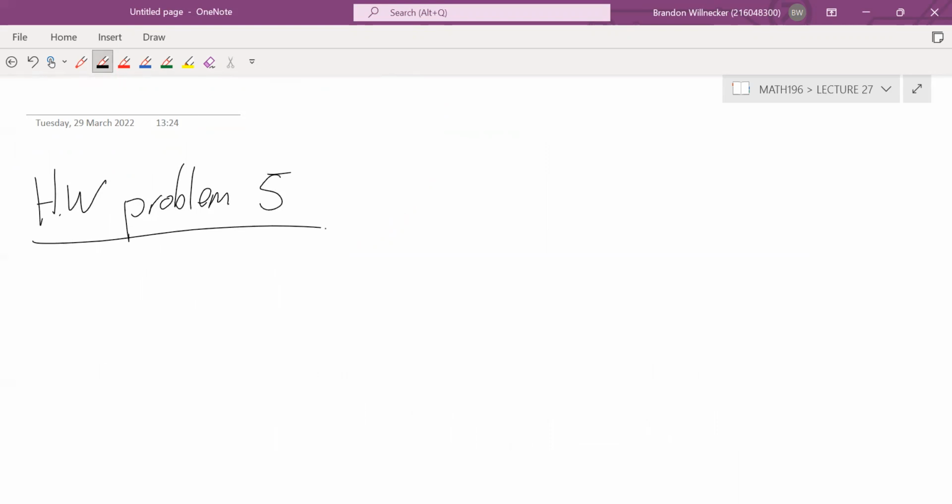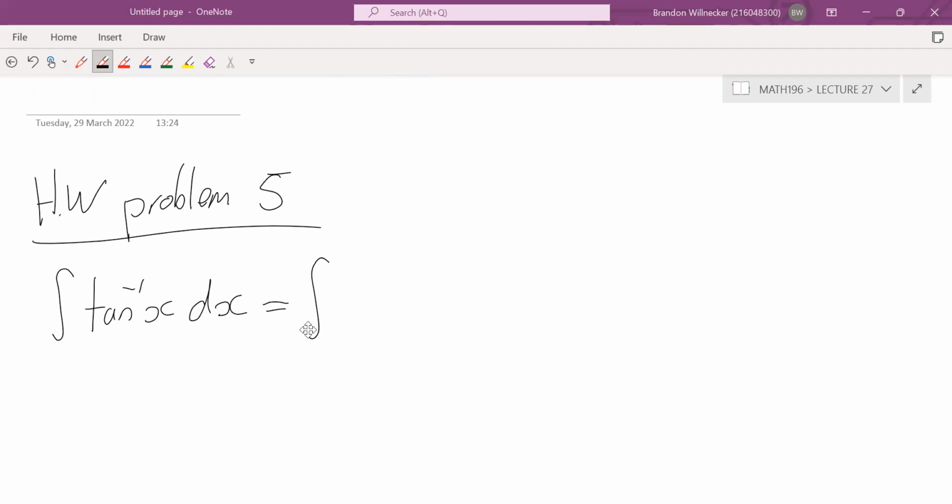Okay, so this was the integral of tan inverse x dx. So in the lecture, I gave you a little hint what we needed to do. We're going to insert an imaginary 1.